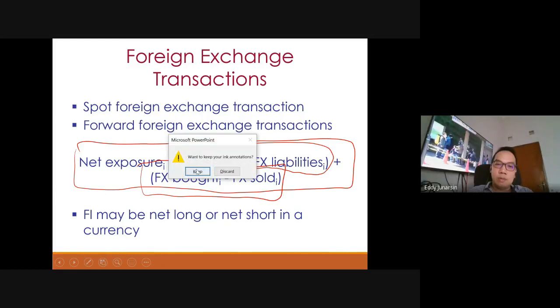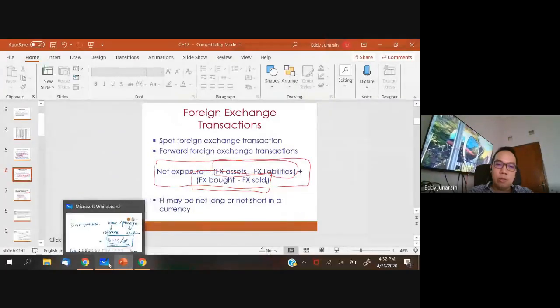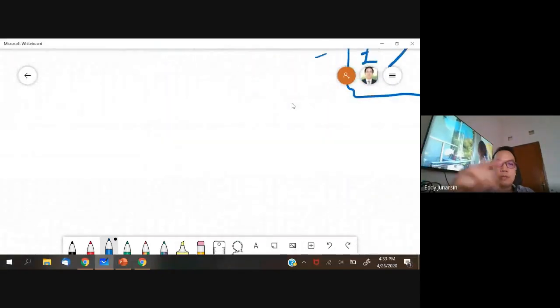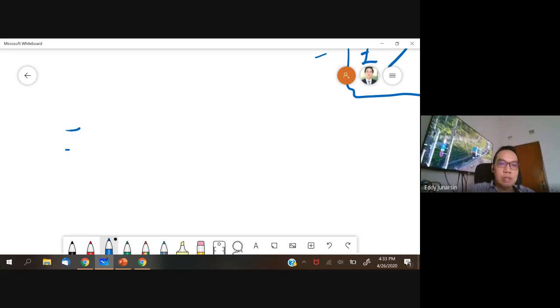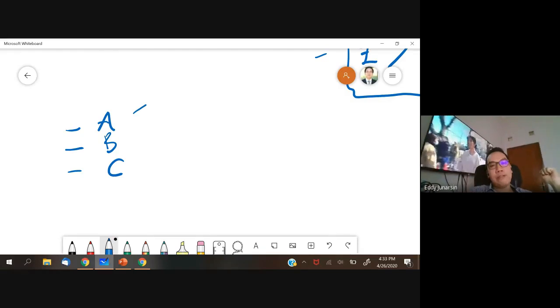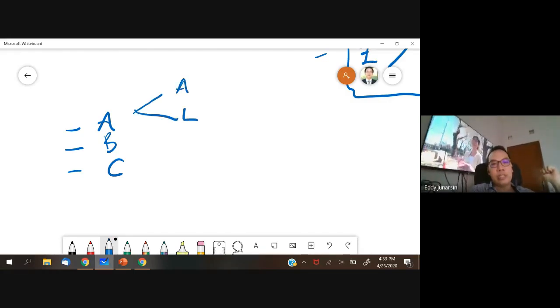So I would like you to see this possible situation. If you have a lot of subsidiaries, right? You have a lot of subsidiaries, so let's say you have at least maybe three, for example, three subsidiaries: subsidiary A, subsidiary B, and subsidiary C. Okay, so each of them will have assets and liabilities in foreign currencies, right?